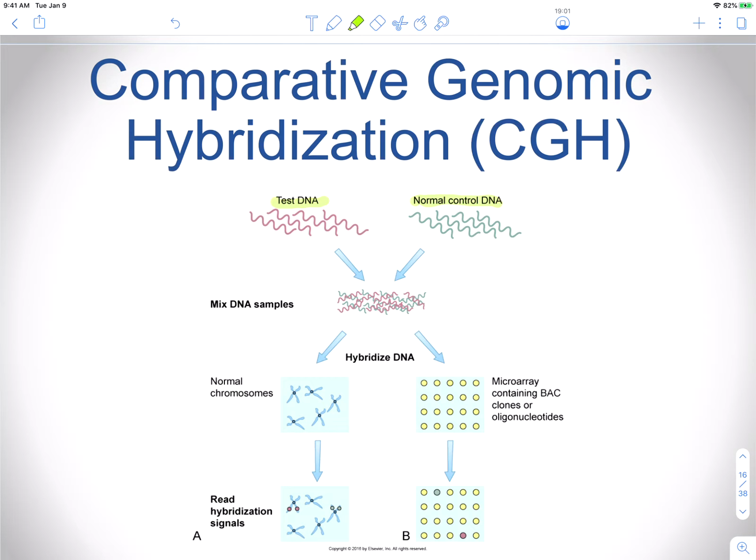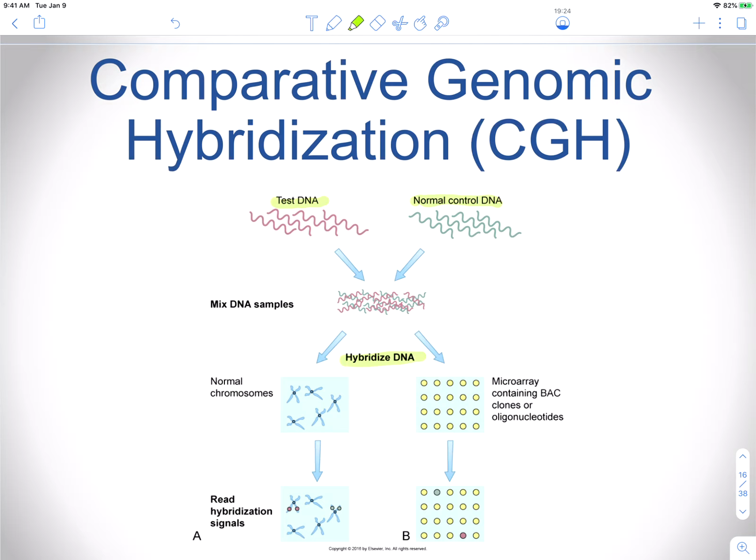You're going to label them differently, with different colors. For example, over here it shows the normal is sort of a greenish, and the other is sort of a pinkish. And so you hybridize them, and then you determine whether or not you have any duplications.